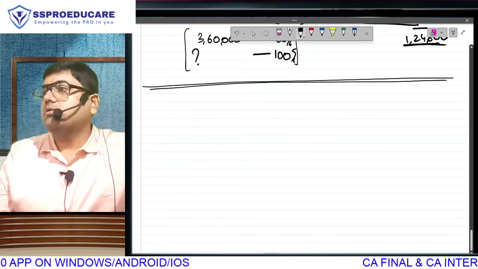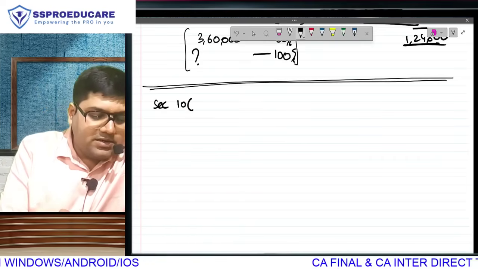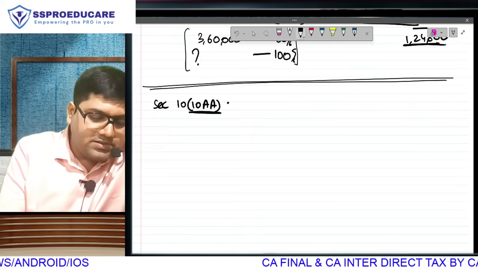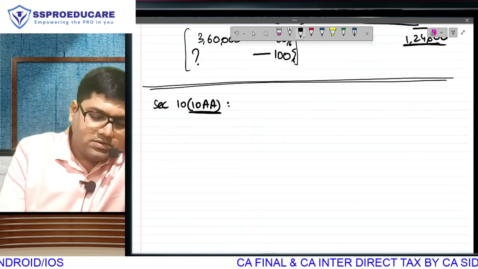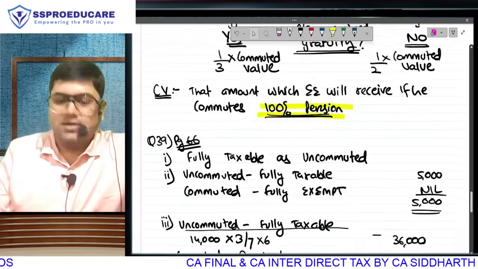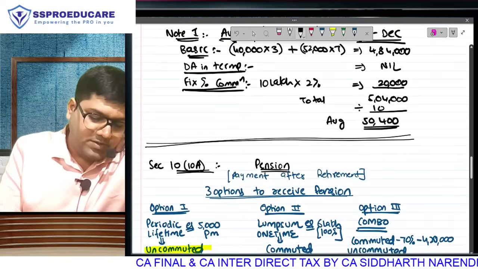Next, section 10 clause 10AA, tax exemption for... Sorry, my bad, my humble apologies.